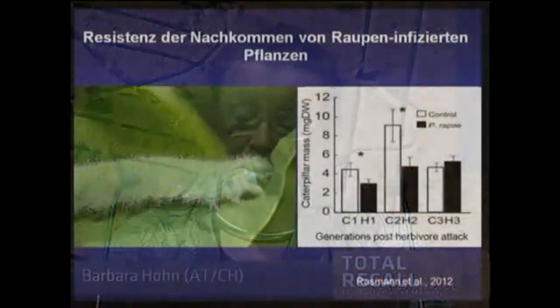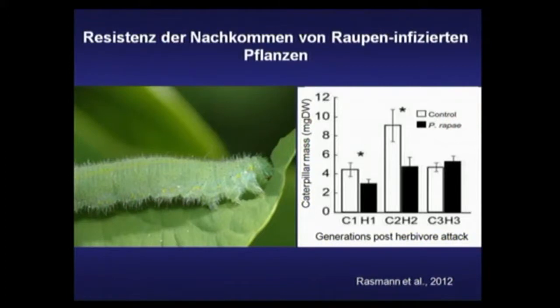And another thing is quite fascinating. A colleague of mine infested tobacco plants with caterpillars, and she tested in the next and the next but one generation to see if the plants had become resistant. And it was not only in the next generation, but in the next but one generation that a certain measure of resistance was found.